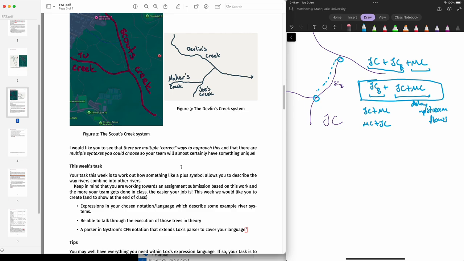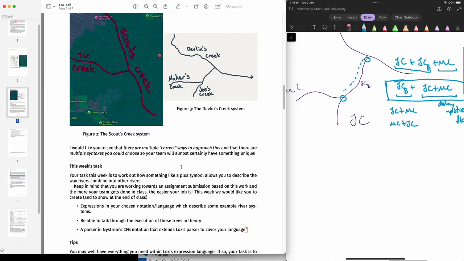you have a separate operator for downstream combinations versus confluence combinations. Because what we've got here is a confluence combination, and what we've got here is a downstream combination. The JC combines downstream with the other two, whereas MC and JC just combine as a confluence.